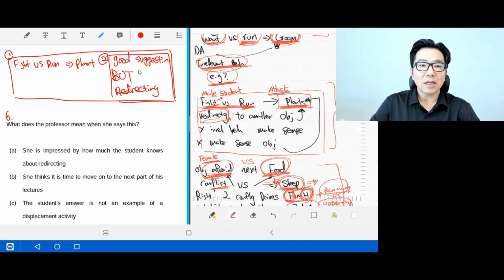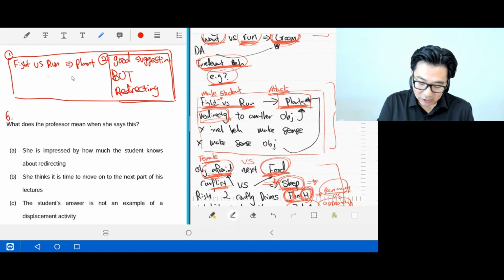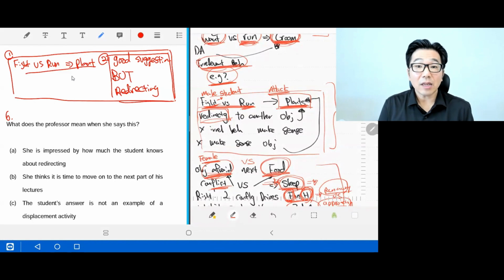What I mean is, you remember when an animal is in conflict between fight, attack the enemy, or run away from the enemy, but when the animal attacks the plant or bush, that's not a displacement activity, right? Okay, so you can still get the hint from here, right? It's not a displacement activity. And the second part was played.